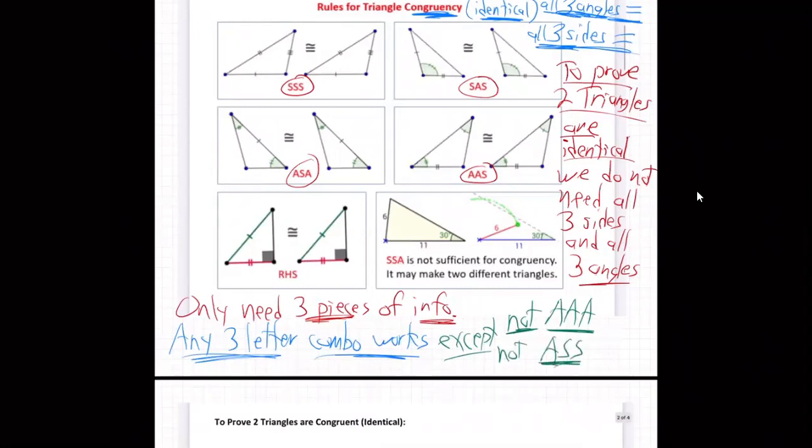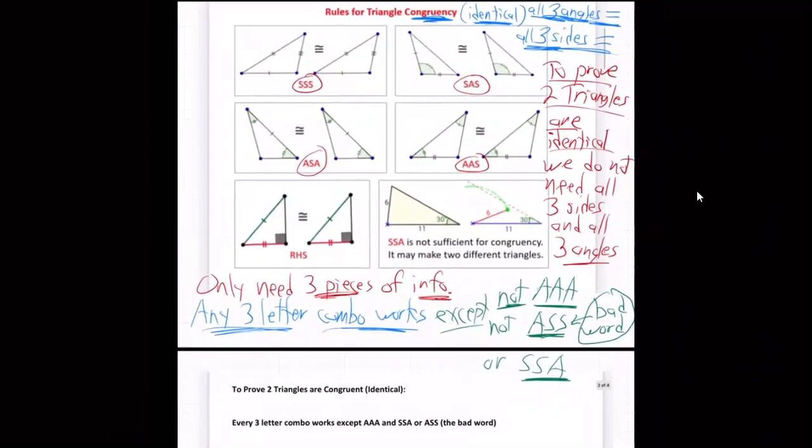And there's an easy way to remember that. That's the bad word. So I'm being a little goofy, but that'll help you remember that as well. And that's probably an easy way to teach kids as well. So basically, any 3-letter combo works, except not AAA and not the bad word. And of course, ASS or SSA, you can say the bad word forward or backwards.